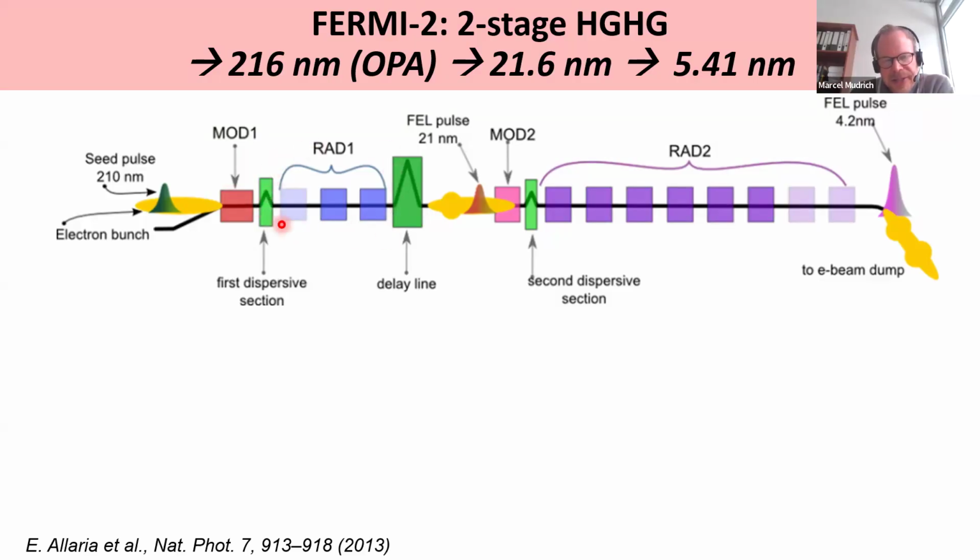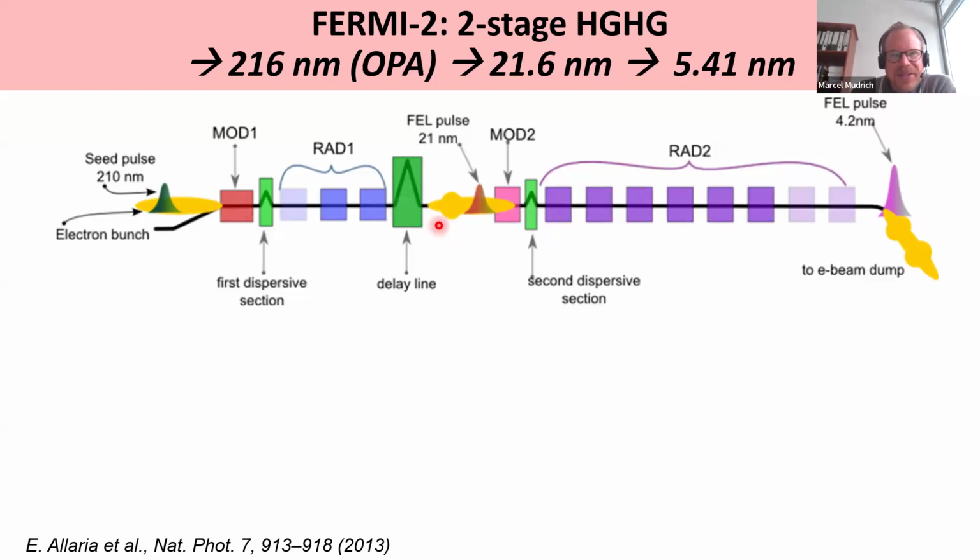You have a first radiator, which actually produces FEL pulses. And then why not do this in two steps? So produce FEL pulses by radiator 1 and use these pulses as a seed for another radiator, and have a cascaded HGHG process.